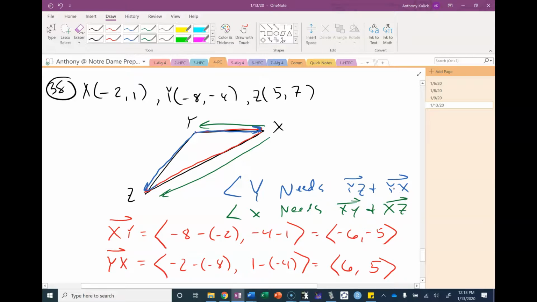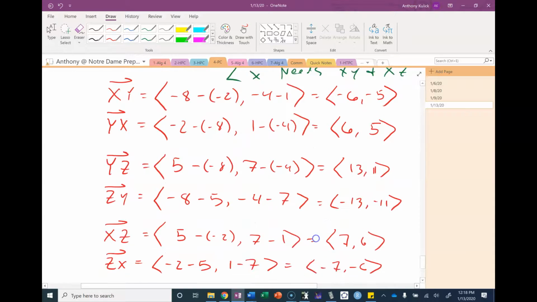So that's why I wanted both directions for the vectors, because I know to do this angle between two vectors, I was going to need some of them going forwards and some of them going backwards. And I figured I'd just kill two birds with one stone and just do them all at the same time there. Is that okay? Yeah. Danny, is that okay? Yeah. Okay. So let's go and find angle y then.